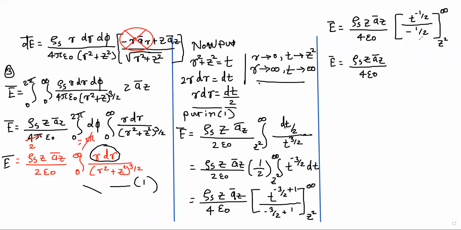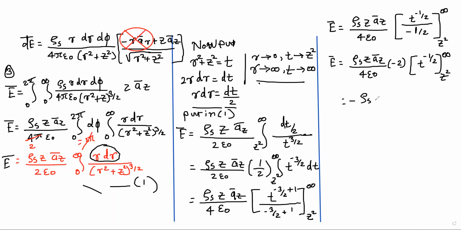The -1/2 in the denominator I take to the numerator, so it becomes -2, and I can write t raised to -1/2, from z square to infinity. Now I extend this: it becomes minus, and if this gets cancelled, again we get 2.